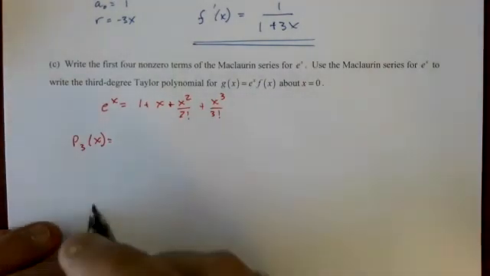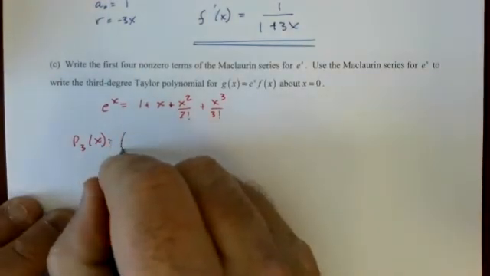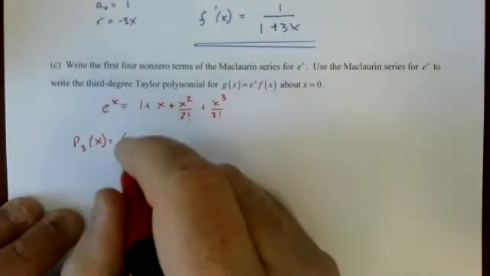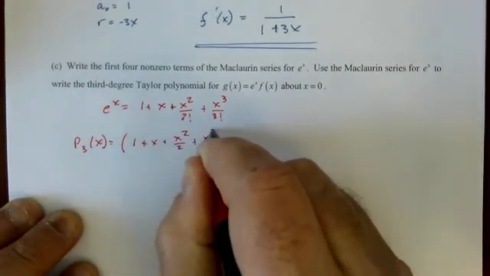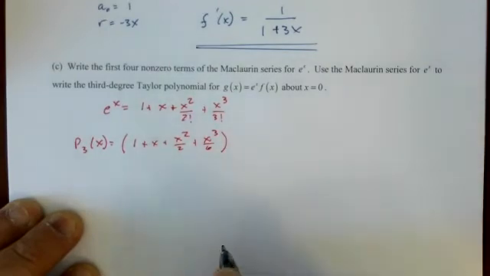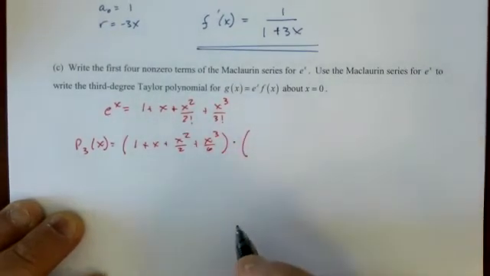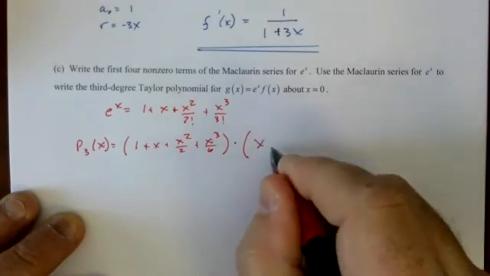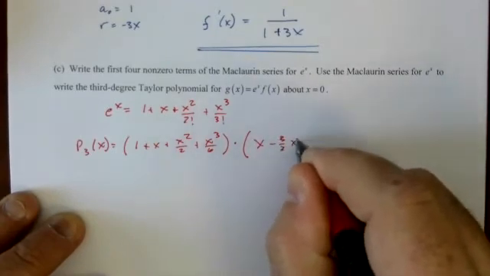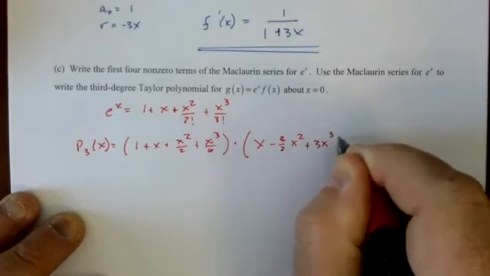Wow, that's just rude. First non-zero terms. That's part of the problem. 1 plus x squared over 2 plus x to the third over 6 times x minus 3 halves x squared plus 3x to the third.